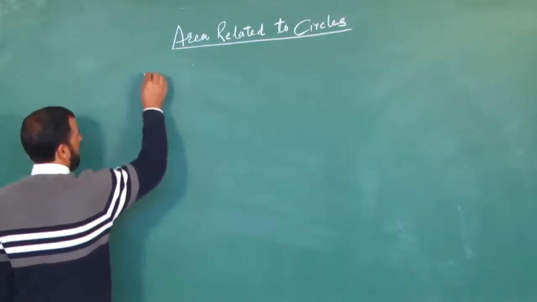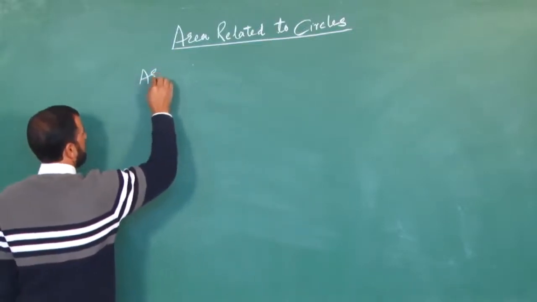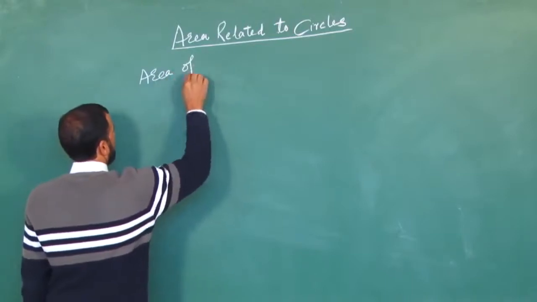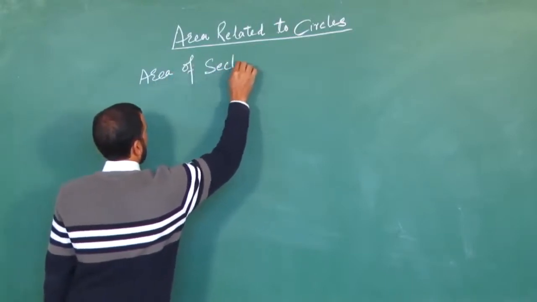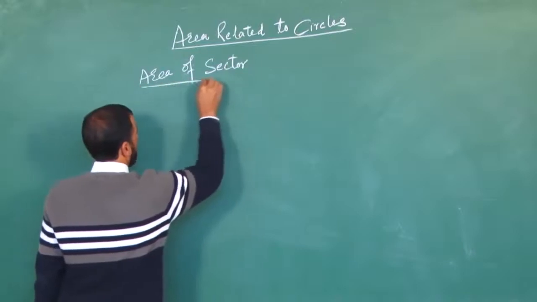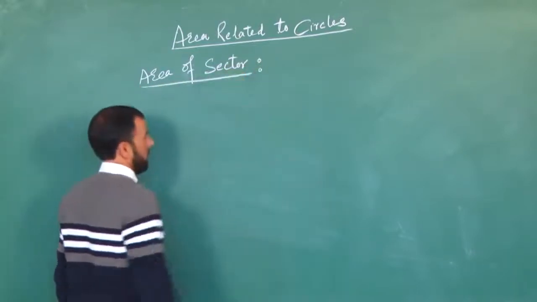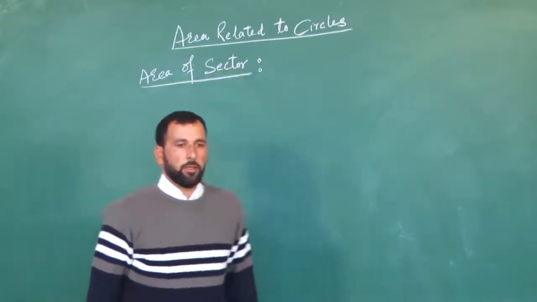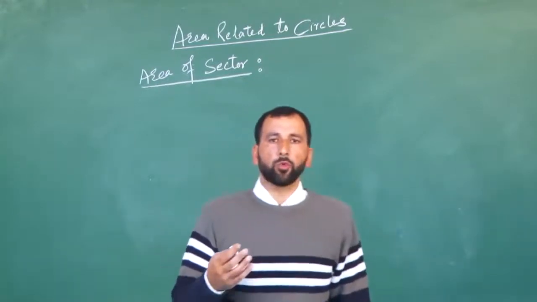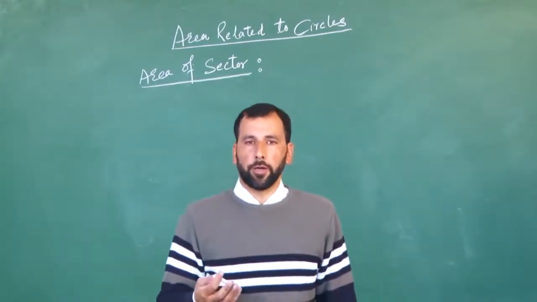Now another point is area of a sector. We know that a sector is a region between two radii and the corresponding arc of a circle.